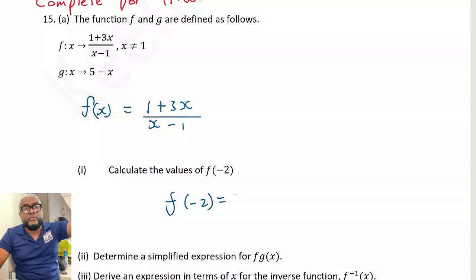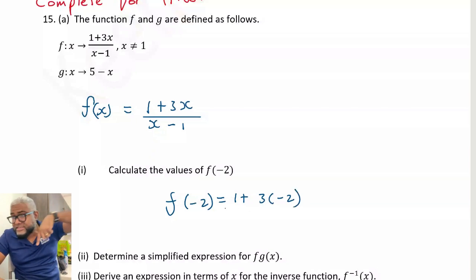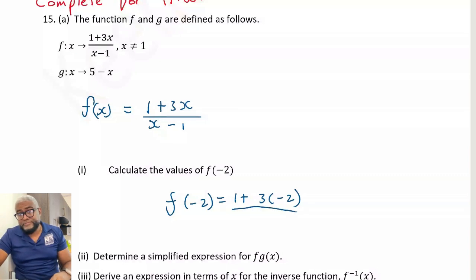It's like substitution. Right, Megan? So let me go. It will be 1 plus 3 by what? Multiply by x. No, sister. x is negative 2. Right. We want to find f of negative 2, so I replace x with negative 2. No, we want to find f of negative 2.